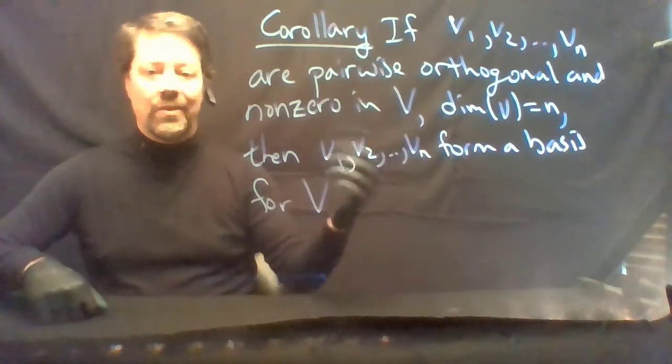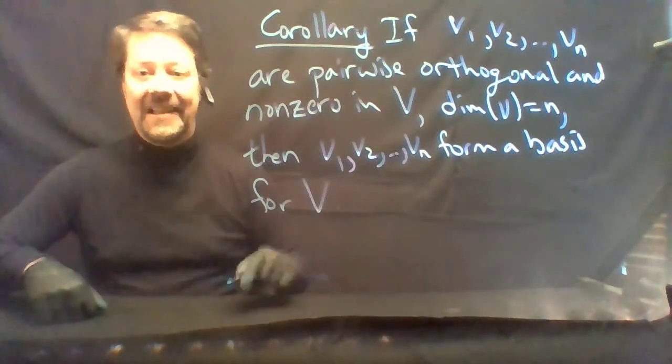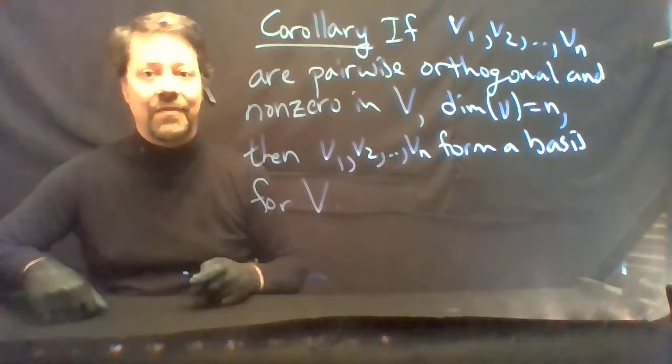If they're pairwise orthogonal, they're linearly independent. And if you have n linearly independent vectors in an n-dimensional vector space, then that does form a basis.